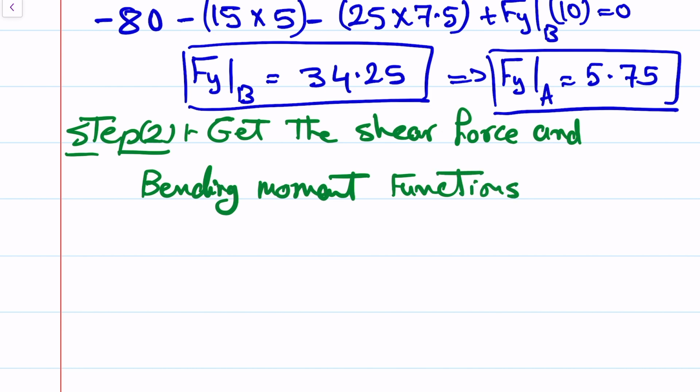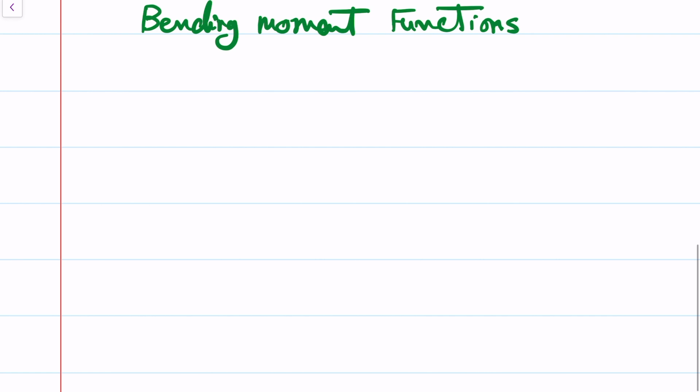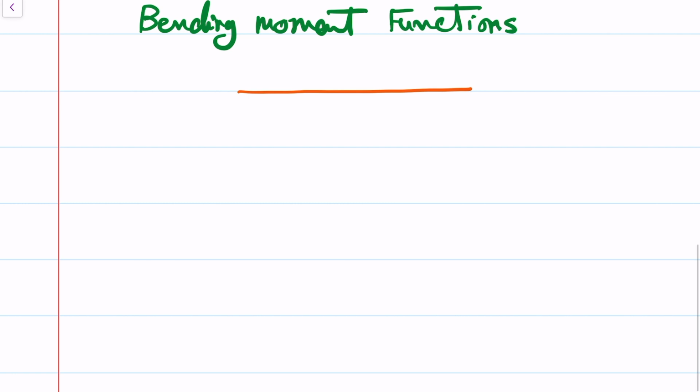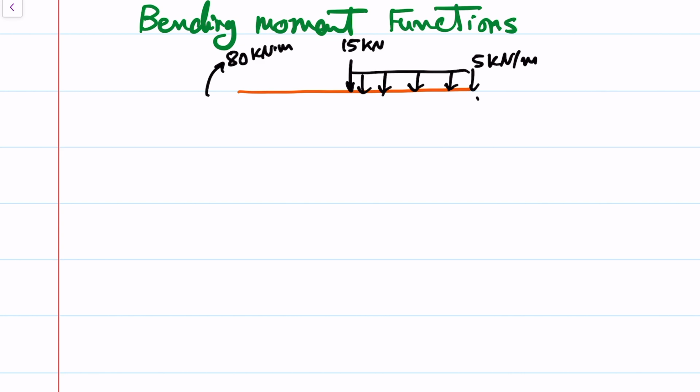And this is a little bit longer than the previous examples because we need to make 2 cuts in this beam. So this is the beam, and we have moment right here, 80 kilonewton meter. We have this as 15 kilonewton, distributed load of 5 kilonewton per meter.